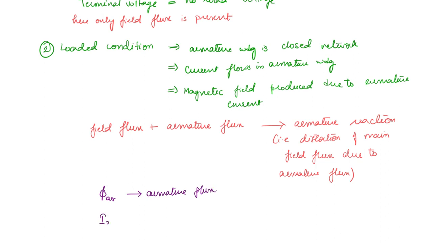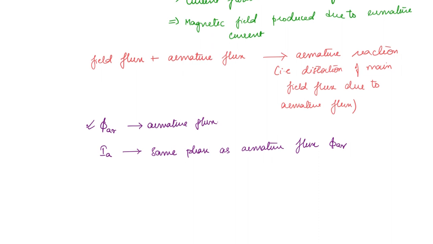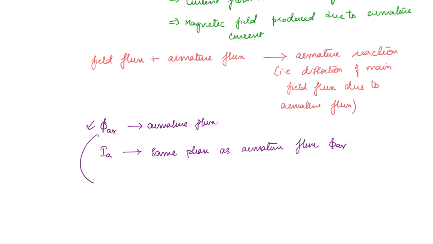Now what will be the phase of IA? This will have the same phase as the armature flux phi AR. But the voltage produced because of this armature flux is going to lag the flux by 90 degrees, right? The voltage will lag the flux that is producing it by 90 degrees. So EAR lags the flux by 90 degrees.